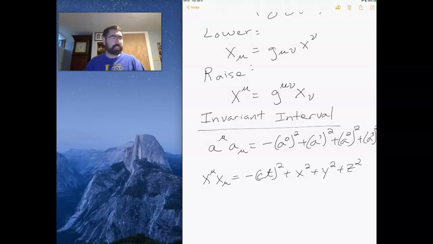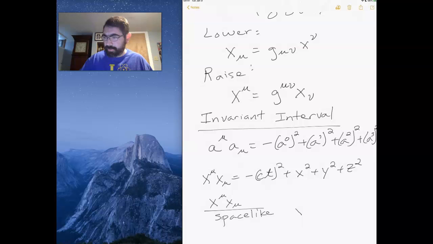And the interesting thing is that this quantity here is space-like if that is greater than 0. So the spatial part dominates, and we basically get a positive interval.